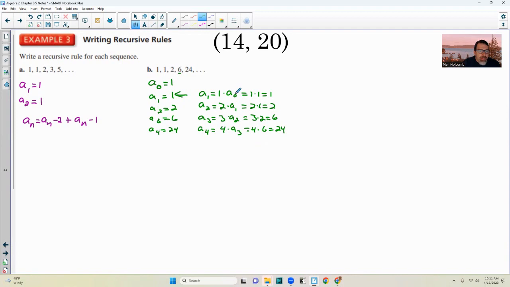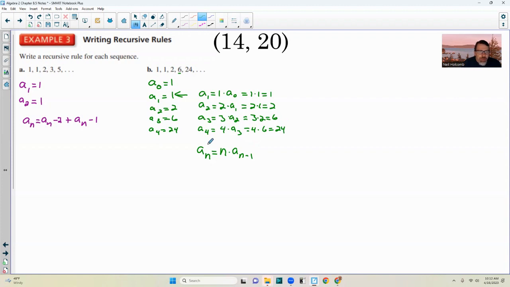So all you're doing is taking the number of the term, which is n. So it's n times the term before. So now I have a sub n is going to equal n, the number of the term, times a sub n minus 1. So I'm just taking the number of the term times a sub the term 1 less. 4 times a sub 3, 3 times a sub 2, 2 times a sub 1.